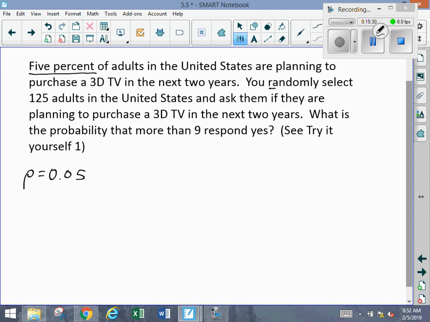So if I randomly select 125, that's telling me that N is 125. Ask them if they're planning. What is the probability that more than 9 respond yes? So what we're looking for is the probability that X is greater than, and now we're not going to use 9, we've got to use that continuity correction. So we're going to add 0.5. Almost. We won't add a whole point, but we'll go 9.5. So that's what we're looking for.